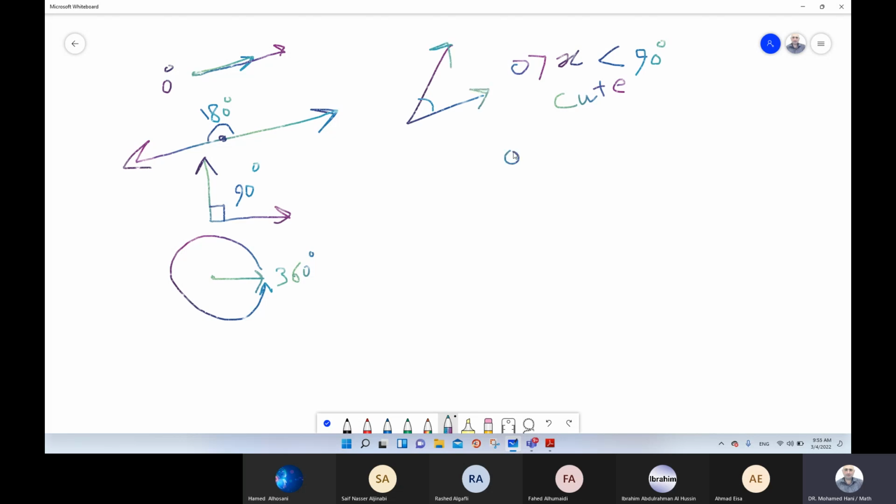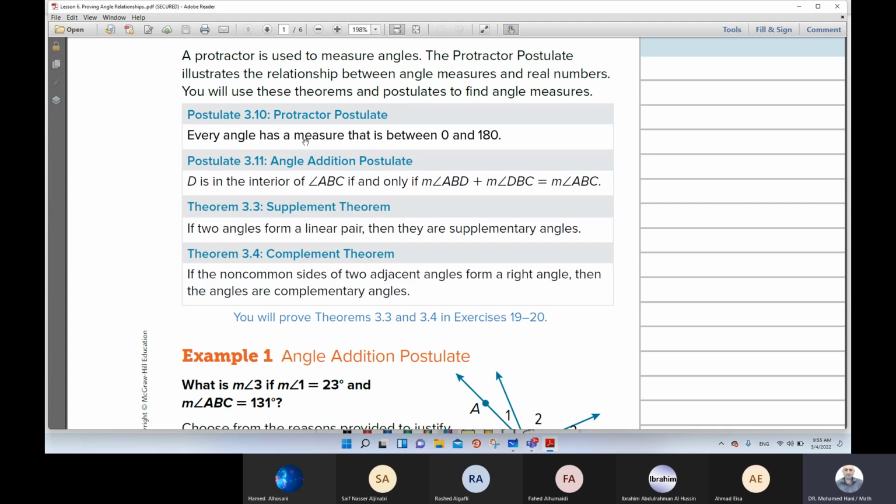If the angle is between 90 degrees and 180, this is obtuse angle, like this. So any angle between 0 and 180 has a measure that is between 0 and 180.